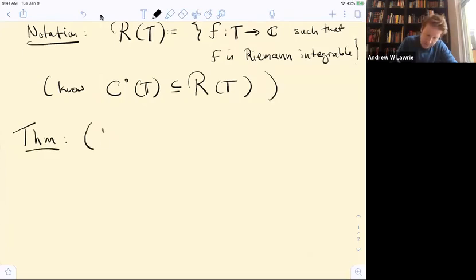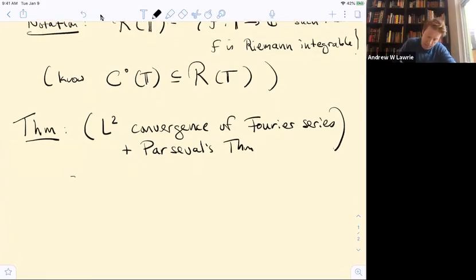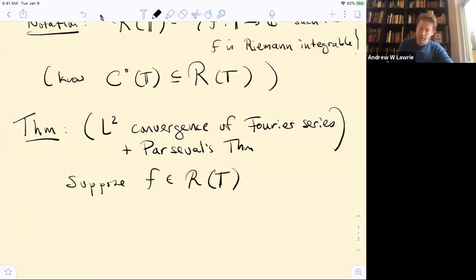Okay, with this notation, we're going to prove the following theorem. I'll call this the L2 convergence of Fourier series and Parseval's theorem. So there are two parts. The setting is: suppose f is a Riemann integrable function on the circle.